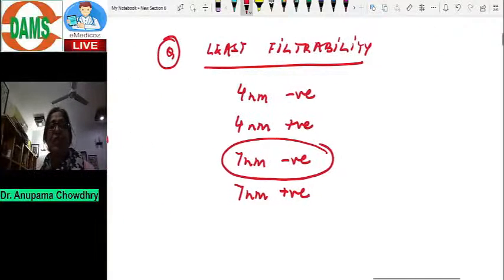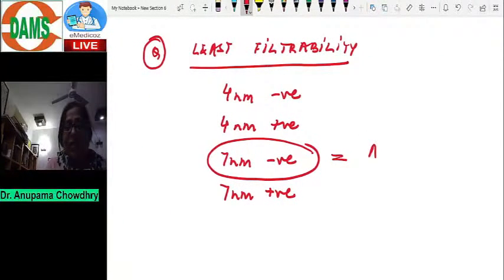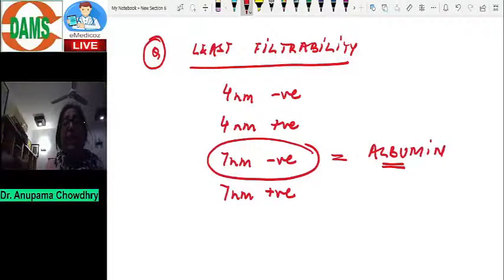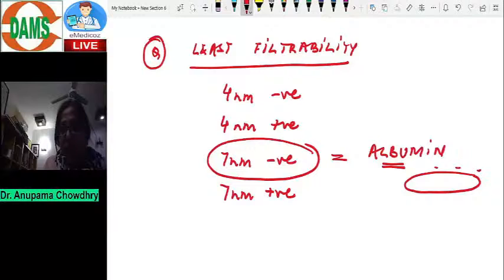This is going to have the least filtrability, and this is albumin. The effective diameter of albumin is 7 nanometers, and albumin is in fact an ellipsoid particle with a negative charge.